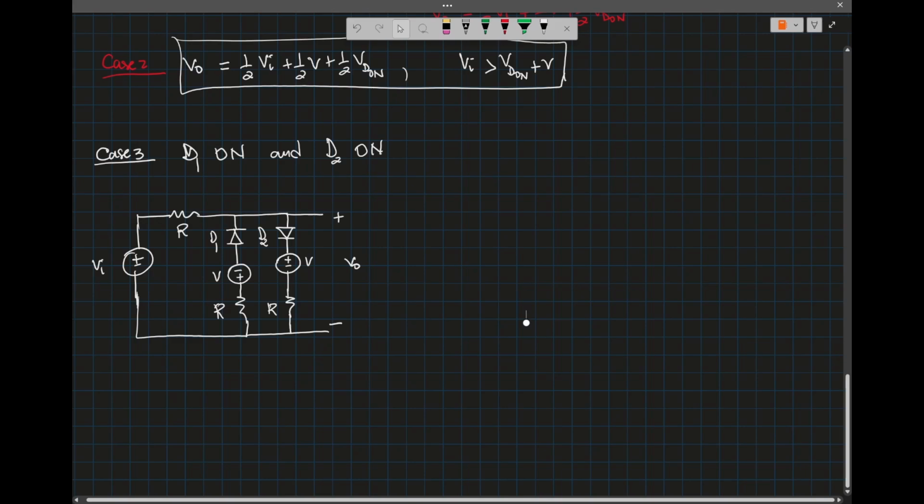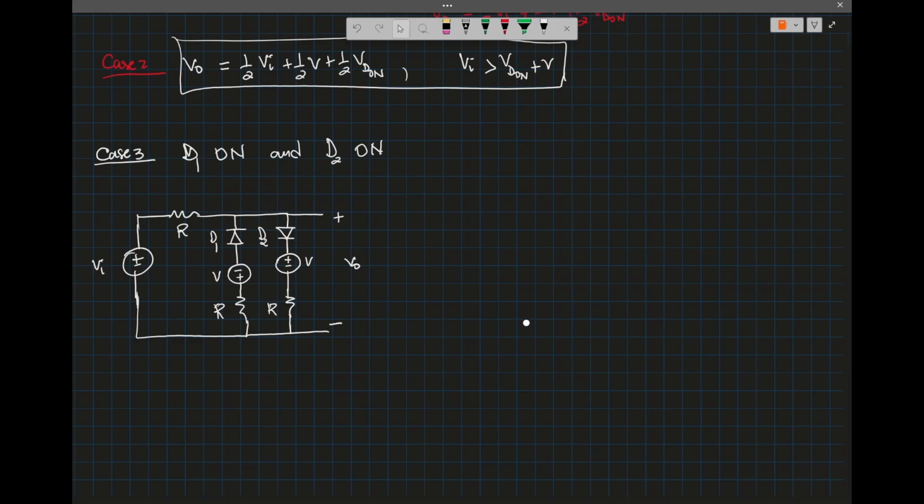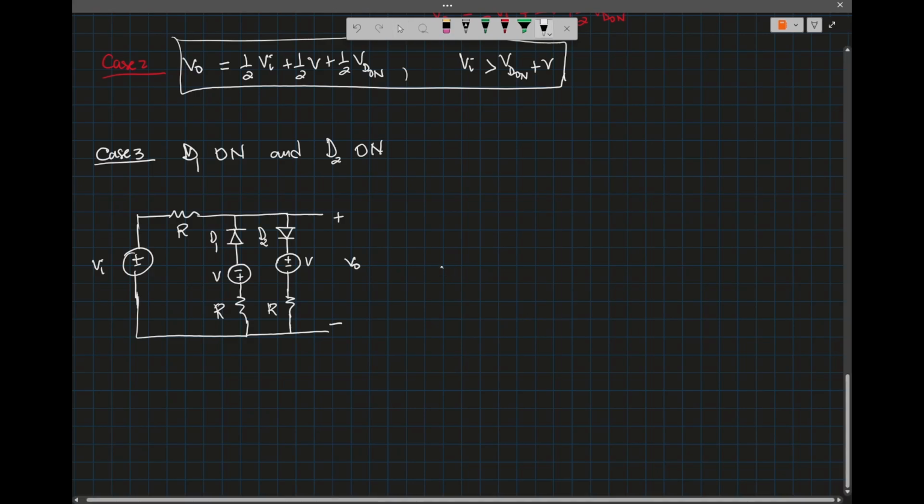Okay, so for this case, I'm gonna redraw the network.